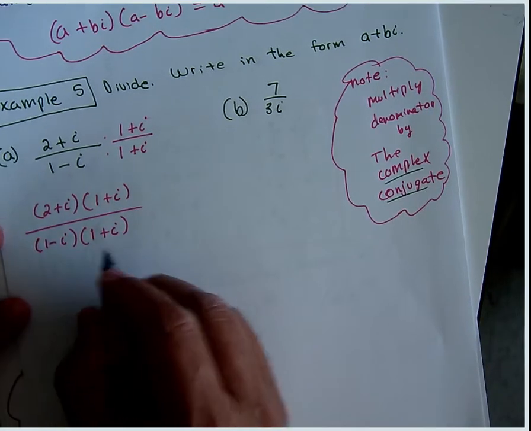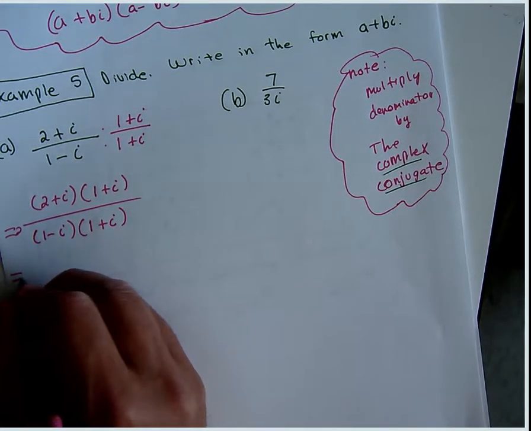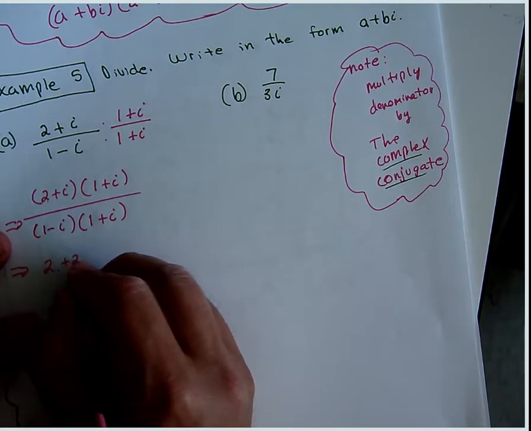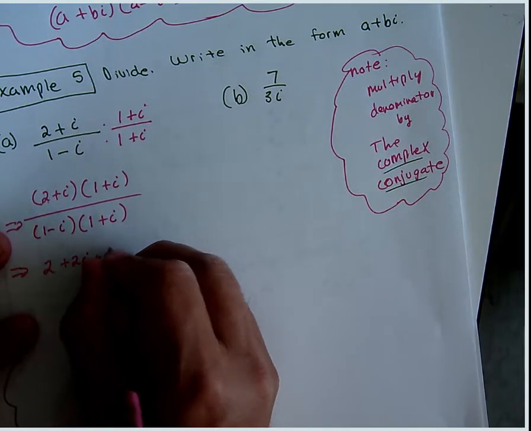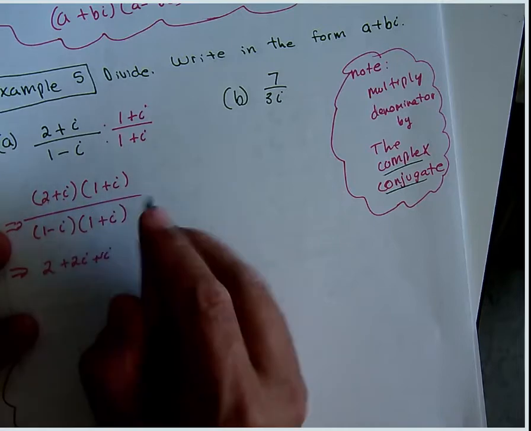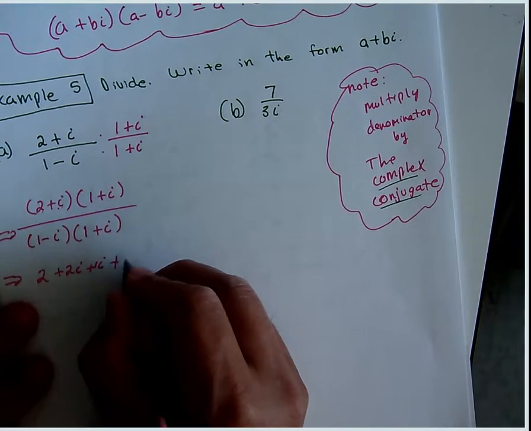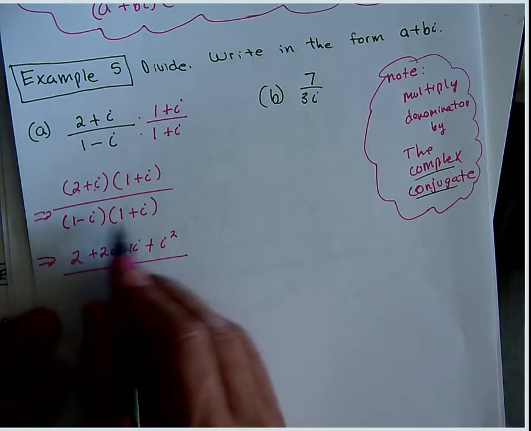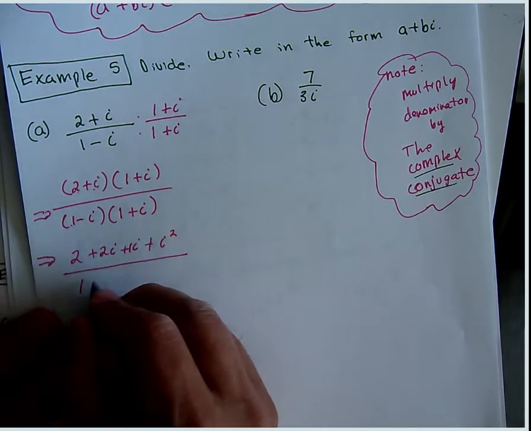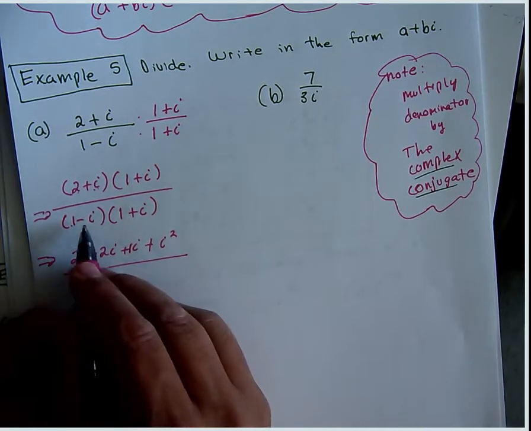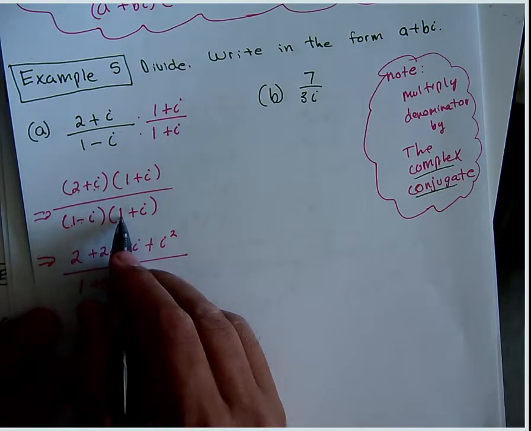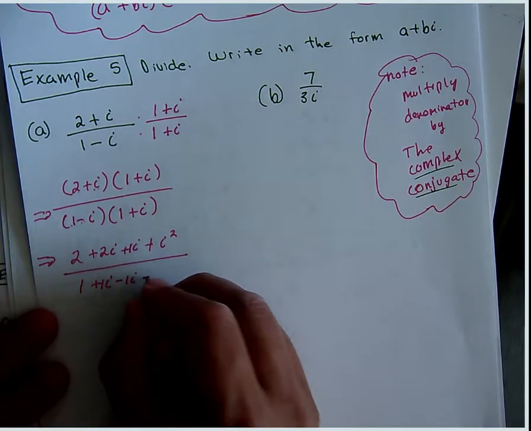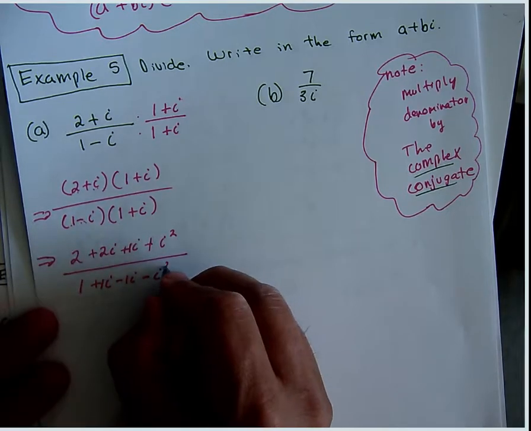So let's do the top. 2 times 1 would be 2, and then 2 times i is plus 2i, and then plus i or 1i, and then plus i times i would be i squared. In the bottom part, 1 times 1 is just 1, 1 times i is just i or 1i, negative i times 1 would be negative 1i, and then negative times positive would be negative, i times i is i squared.